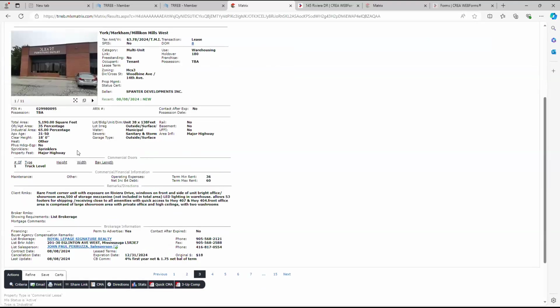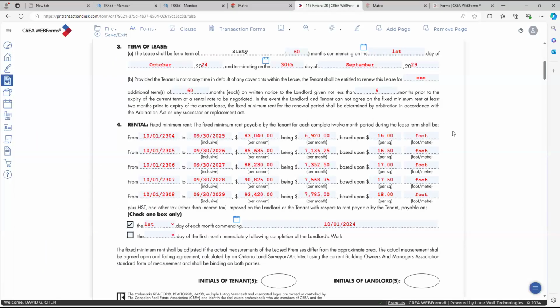So, okay, that's the side issue. As I said just now, let's go back to the offer. Here you see, I already talked to the leasing agent. We are starting from $16 per square foot. From the first day of October, we're paying $16 per square foot net rent.